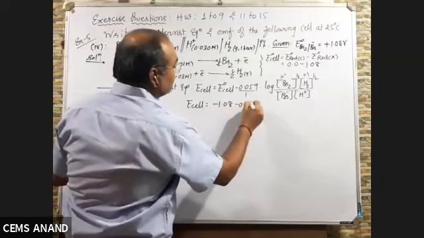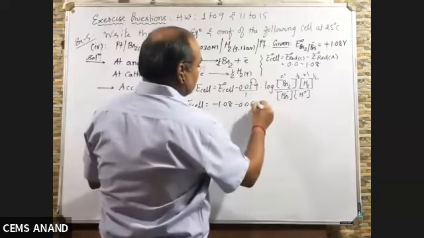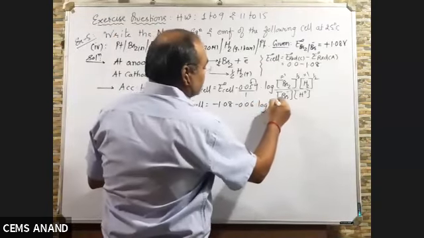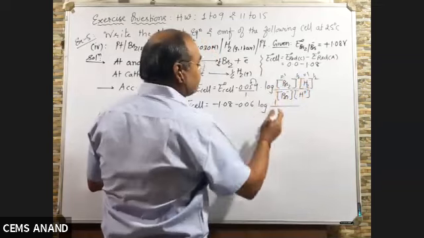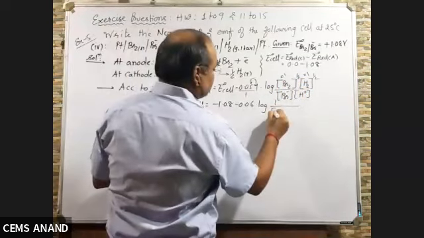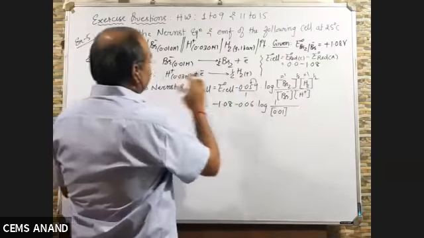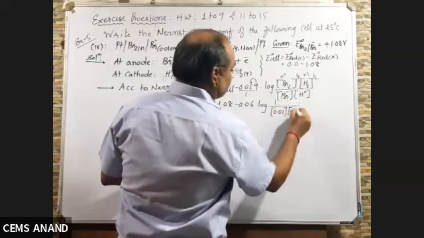Here it will be minus 1.08 minus 0.059, if I carry on, it will be 0.06, right? Log of 1 upon Br minus. What is the value of Br minus? 0.01, divided by H plus 0.03.